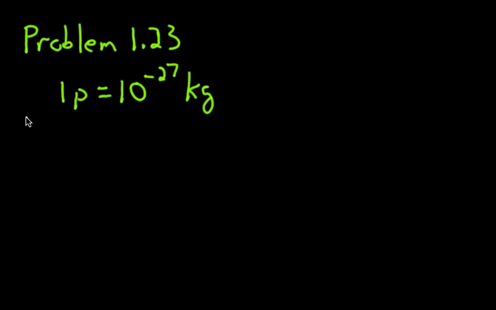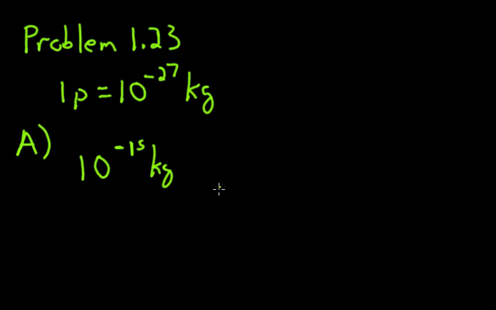So for part A, they want us to figure out the total number of protons and neutrons in a bacterium. It tells us that one bacterium is 10 to the negative 15th kilograms.